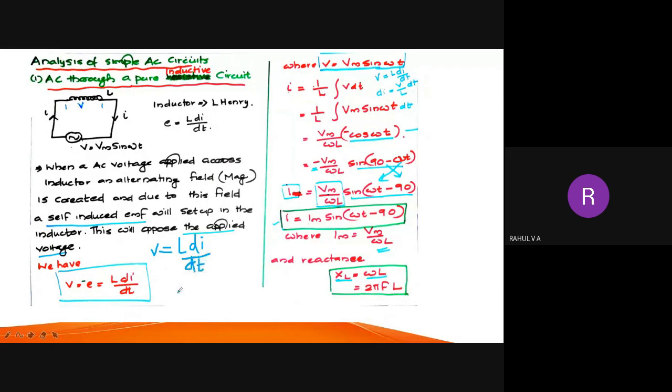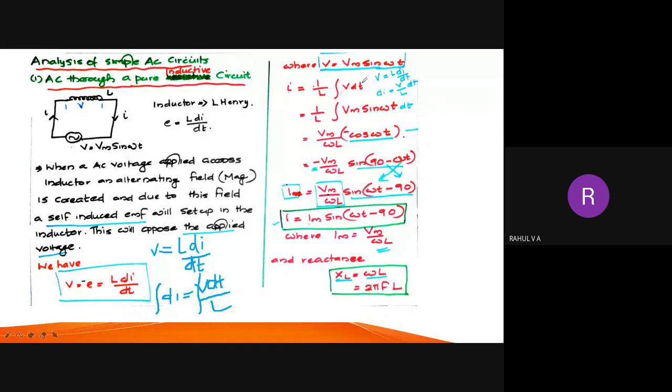From this equation I can write di is equal to V dt divided by L. Then I integrate both terms. Integral of di is nothing but I, and integral of V dt by L. L is a constant, so I can take it outside: 1 by L integral of V dt.